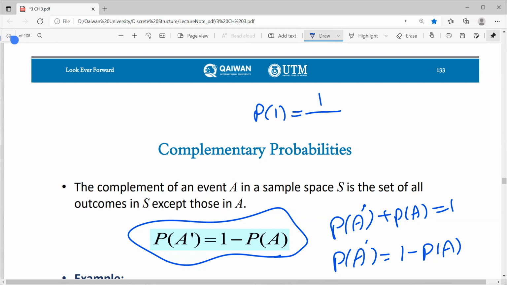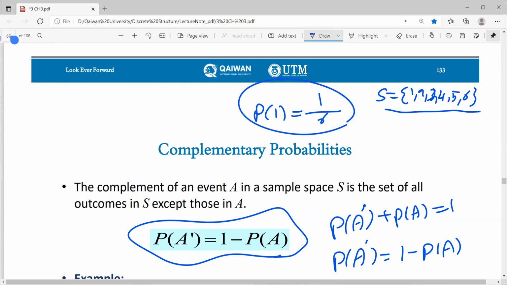Here we have only 1. We can get 1 only once, divided by all possible outcomes. We have 6 possible outcomes. Here S is 1, 2, 3, 4, 5, 6. How many elements do you have in S? We have 6 elements. That means 1 over 6.